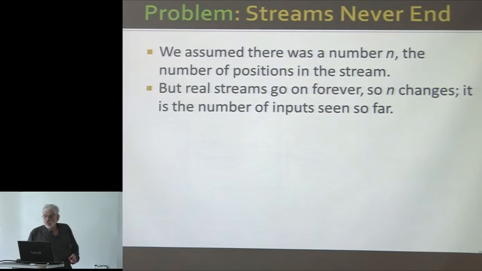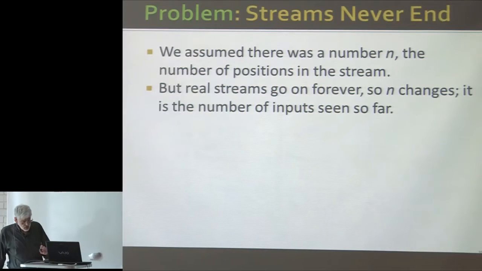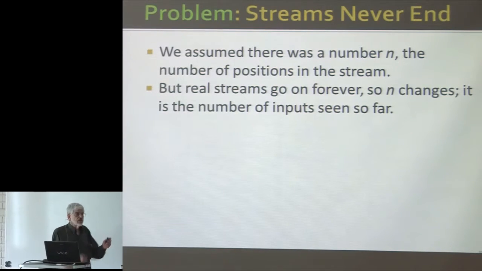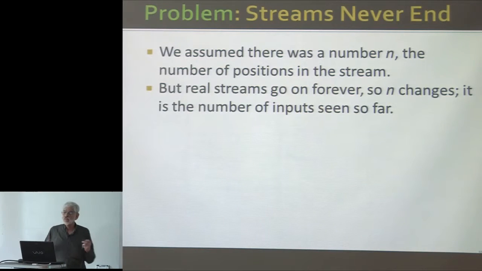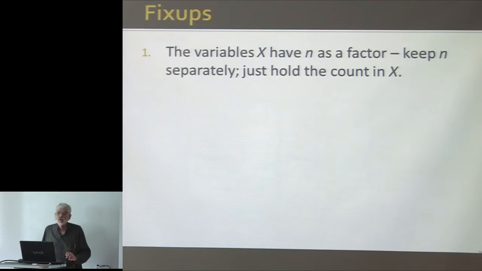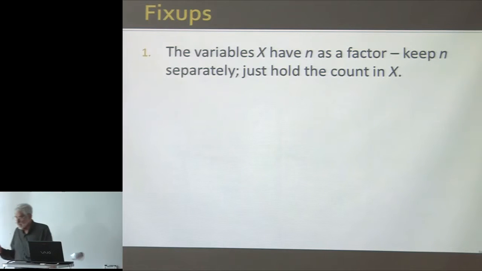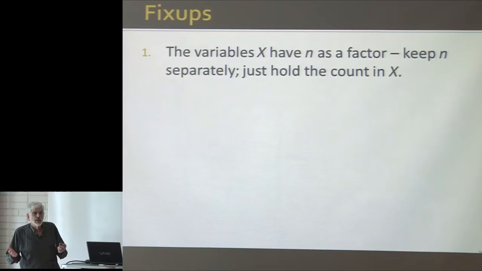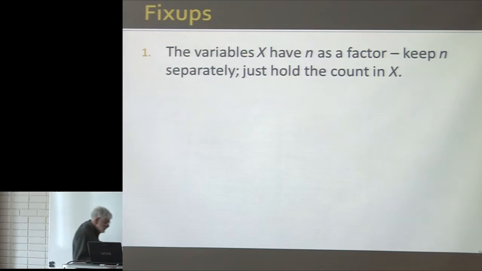Now, there are a couple of little fix-ups I want to do. First of all, the easy thing is, this is all based on there being a particular value of n. But in fact, n is changing. Every time a new stream element comes in, n grows by 1. So the value of x depends upon n, but it depends on it in a simple way.